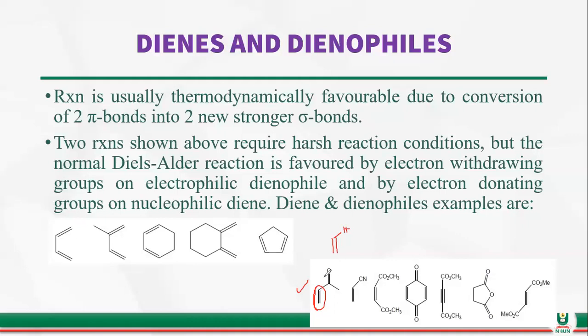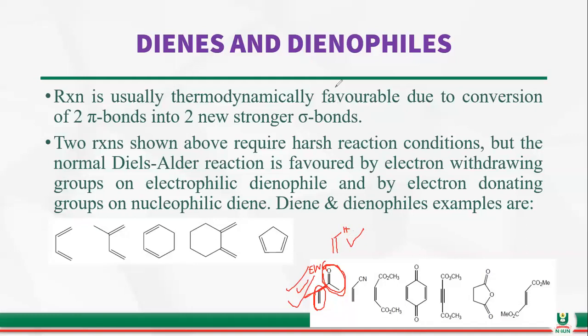But in this one right now, you have a COCH3 attached to it, which is an acetyl group. And you remember that any C double bond O of sp2 hybridization, aldehyde or ketone, is electron withdrawing in nature. So this whole thing here can be referred to as an electron withdrawing group attached on our dienophile. So the rate of forming an adduct with this will be far, far faster than with this.